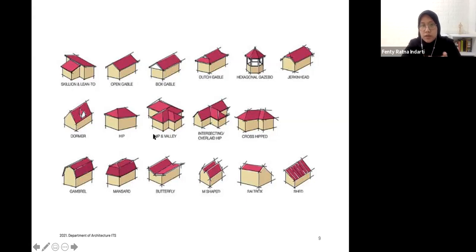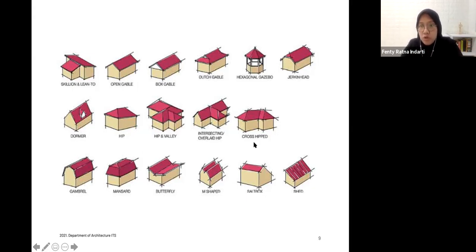And then another thing that is almost like the hip and valley is the intersecting or overlaid hip like this. So it can be mixed between the gable and also the hip roof. So there is no restriction on using roof, specifically pitch roof or any other roof. It's your decision whether this one conveys your design intention or not.